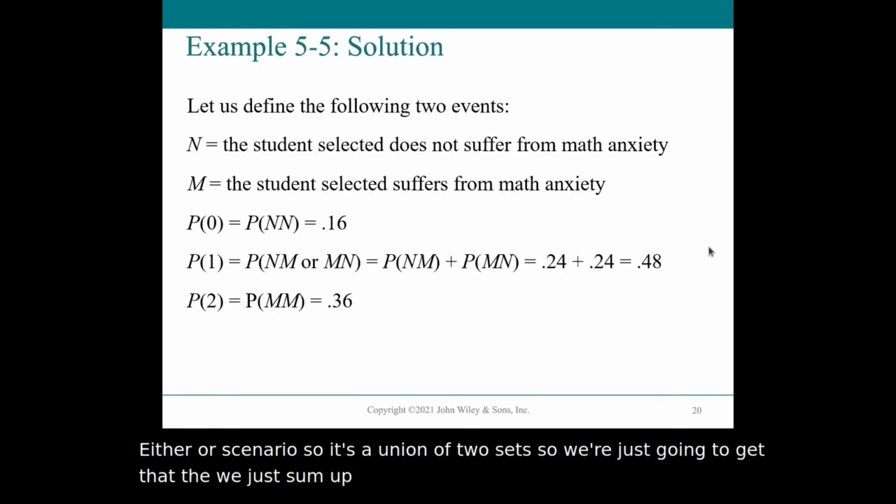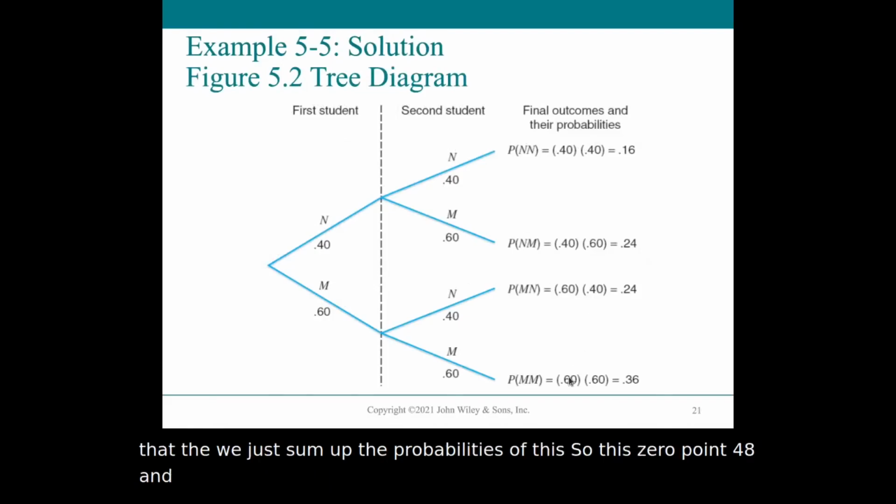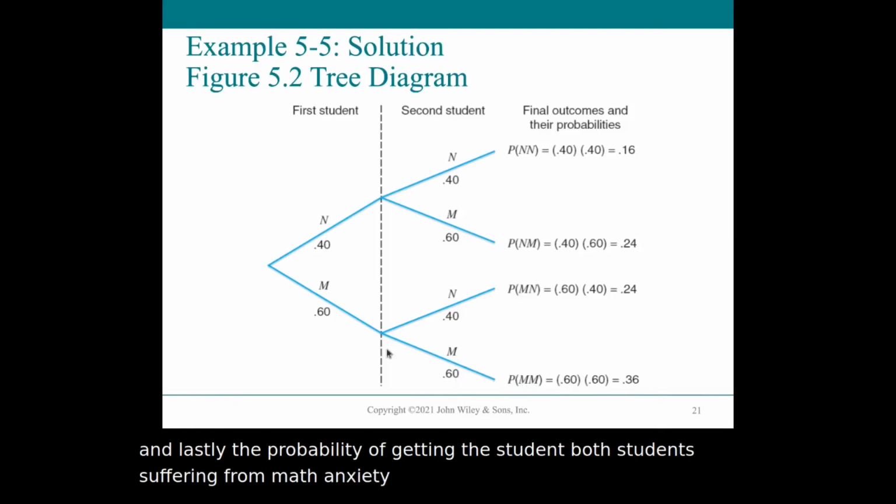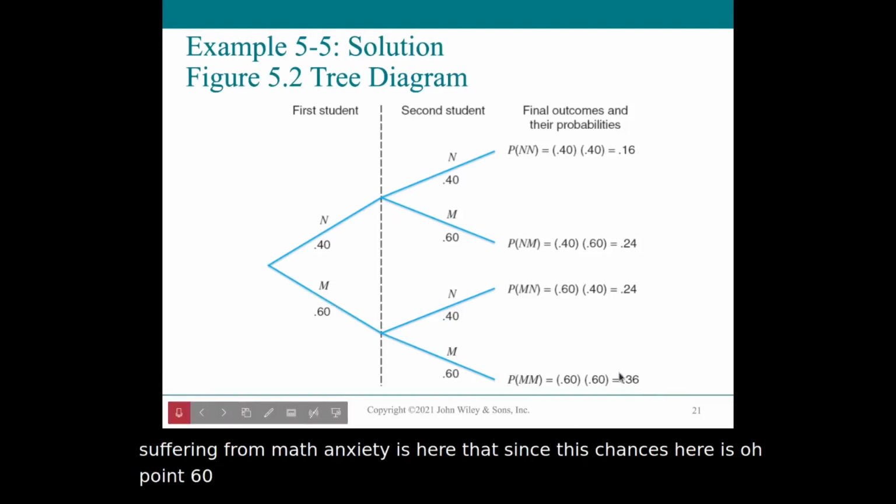So this is 0.48. And lastly, the probability of both students suffering from math anxiety: since the chance is 0.60 and another 0.60, you get 0.36.